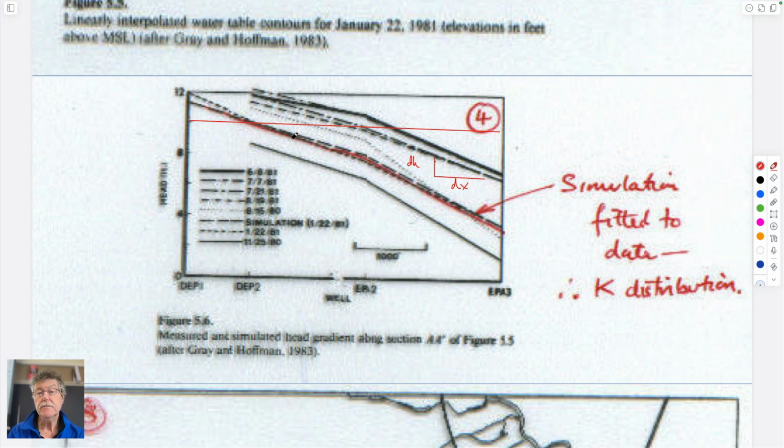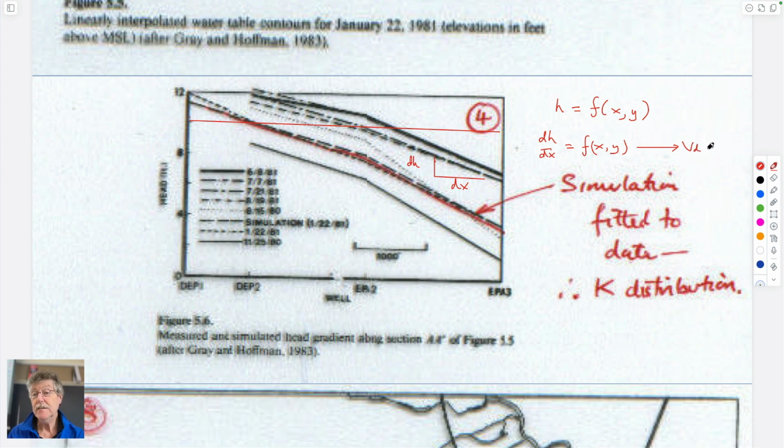Once you have this flow field, then you can take the flow field to solve for, I guess you already solved for the head as a function of location in plan view. And if you have the head with location, you also have dH/dx with location. And if you have this, you can calculate V, Darcy velocity.